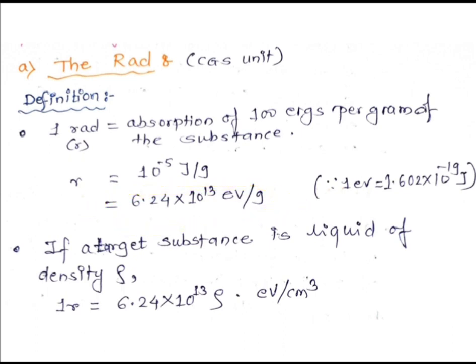And if a target substance is a liquid of density rho, as we know that any liquid material has a density, and the density will be rho, then 1 rad is equal to 6.24 × 10^13 rho electron volts per centimeter cube. Here the actual unit of rad is electron volt per gram, and we are multiplying by density to the equation which we found.